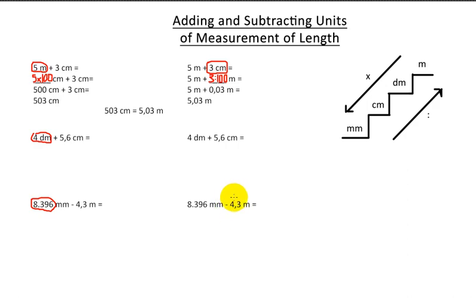This is a decimal point, so this is 4.3. Oh wait, did I not circle the unit of measurement? Okay, so let's move on.